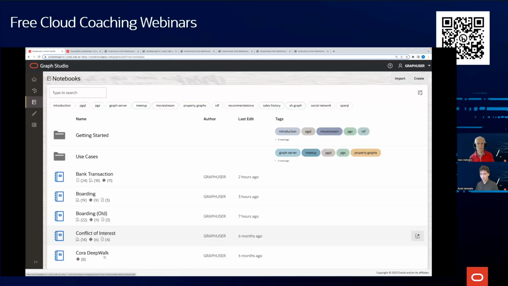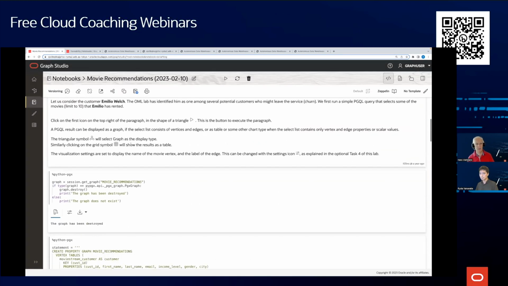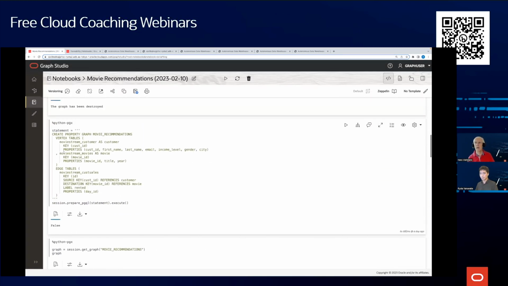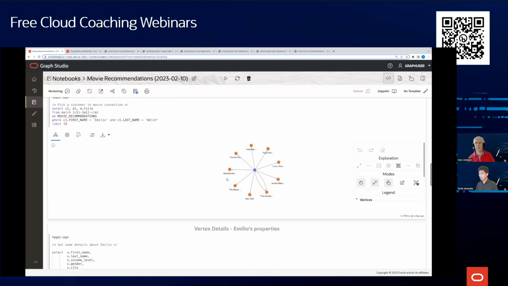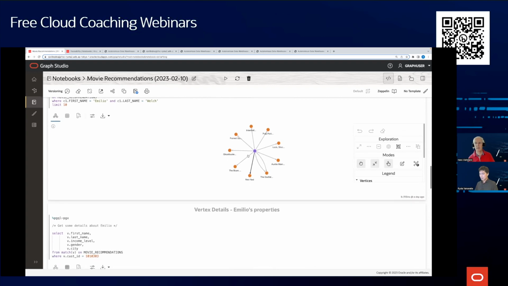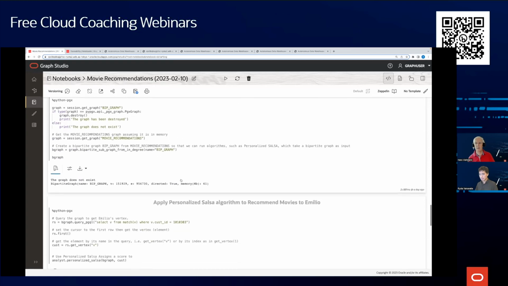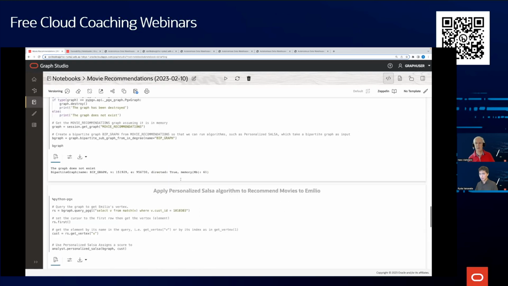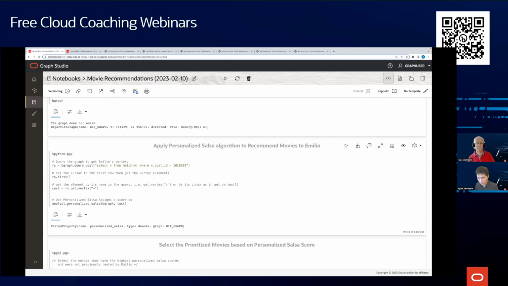Create a property graph, the movie recommendation graph, with customers and movies as a bipartite graph. And then, having that graph, we can run an algorithm called personalized SALSA, which is a well-known link prediction algorithm against bipartite graphs.